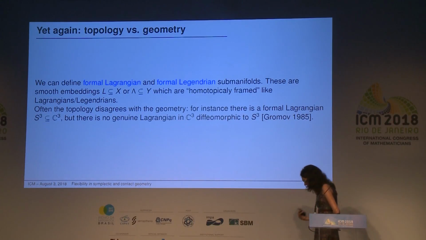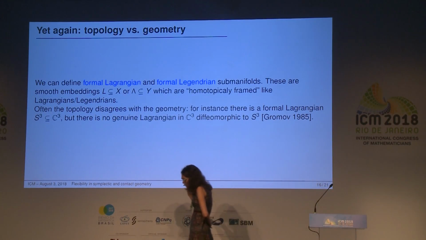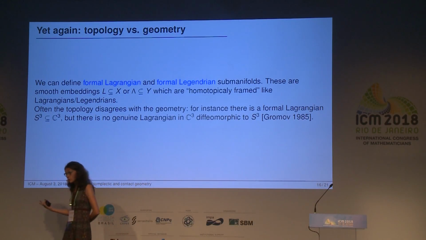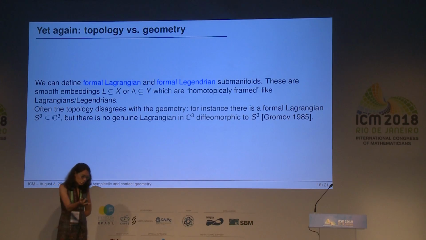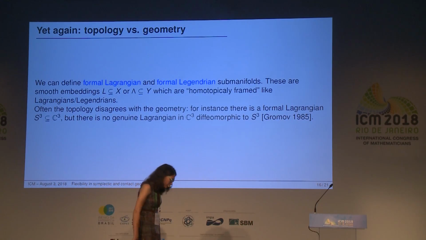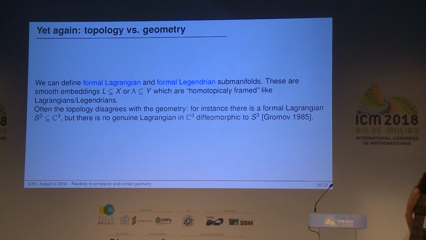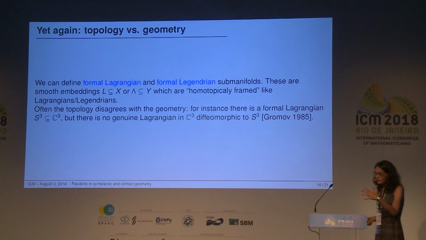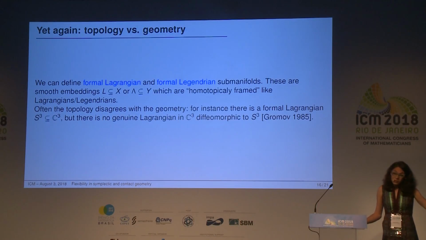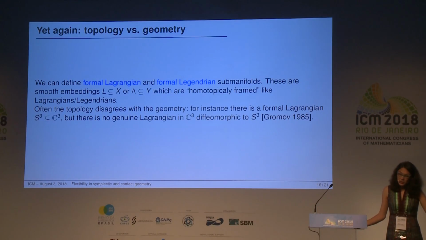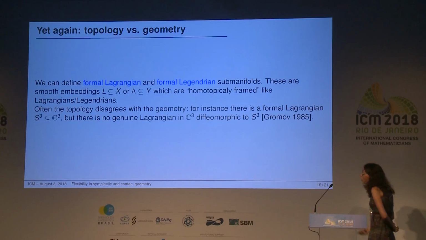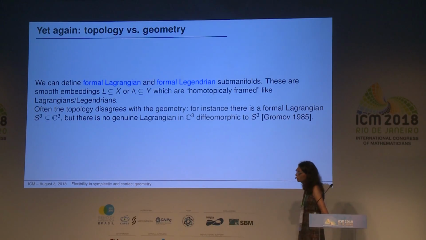And this is one place that's very classical that we know that the topology and the geometry don't agree. So one implication of Gromov's non-existence theorem for exact Lagrangians tells us that there's no Lagrangian S^3 inside of C^3, but there are formal Lagrangian S^3s.